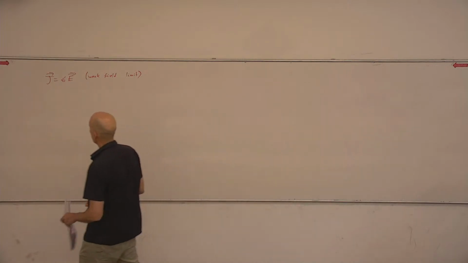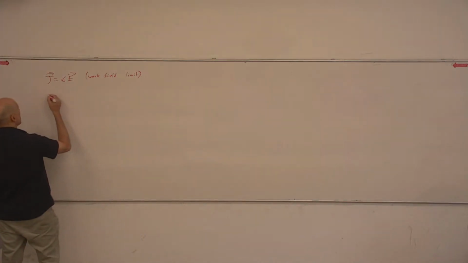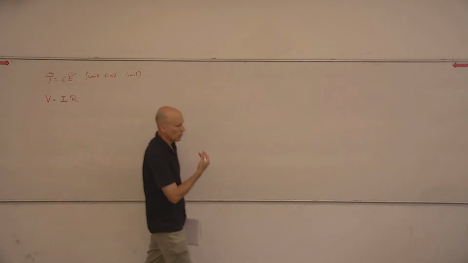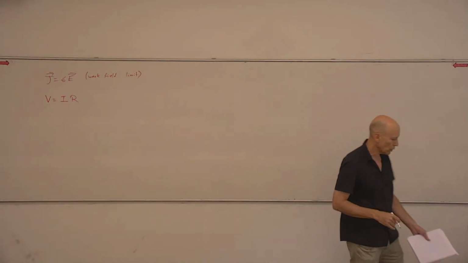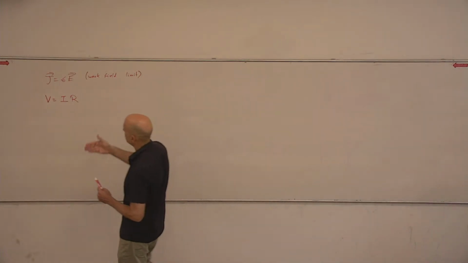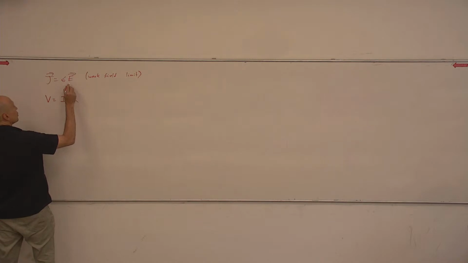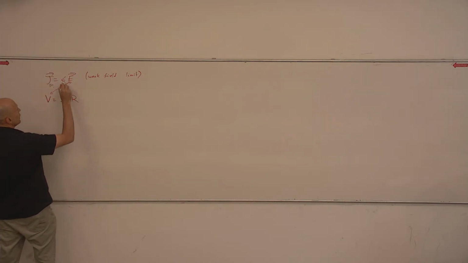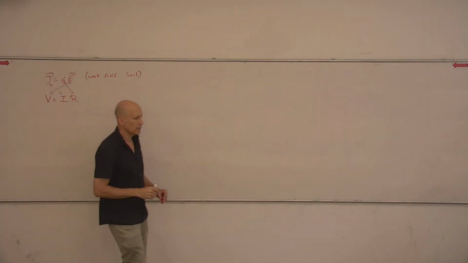The other formulation is V equals IR, and again I want to explain the connections between these two equations. Immediately you see some of the connections, but they are written in a very different way. This E is obviously related to the potential, this J is obviously related to I, and sigma is related to R, but it's actually much more complicated than that.